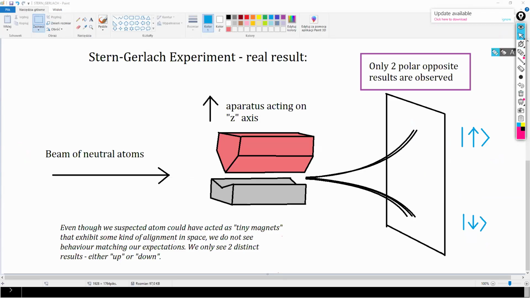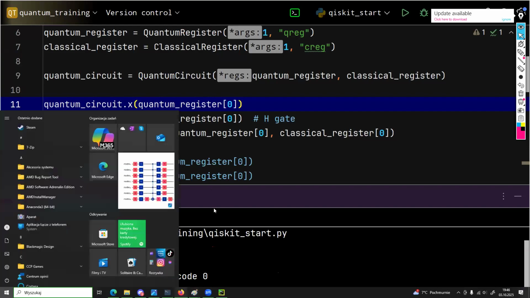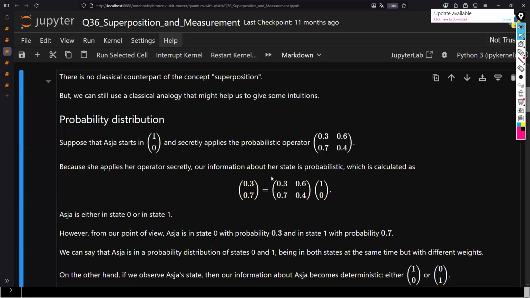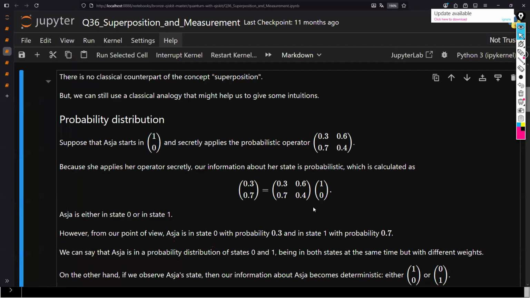Well, it turns out that what we express during the calculations that we do on the quantum hardware is that we manipulate the probabilities.